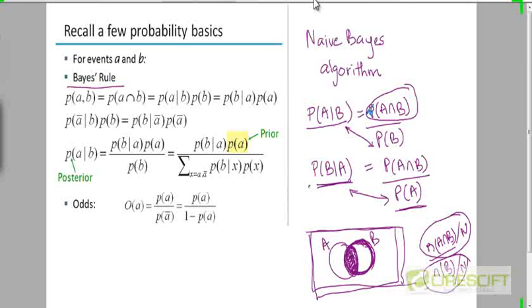If you don't understand Bayes theorem, you're not going to understand this algorithm. Any questions on this particular formula?